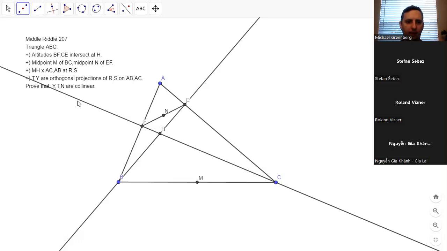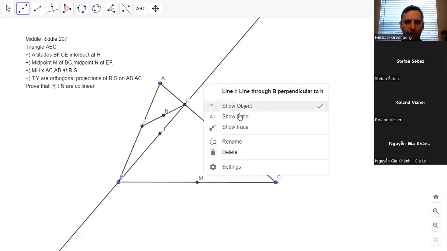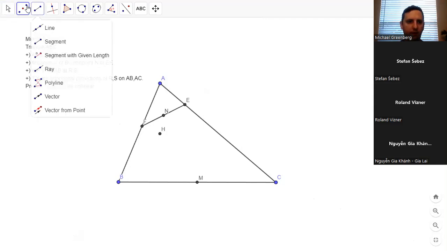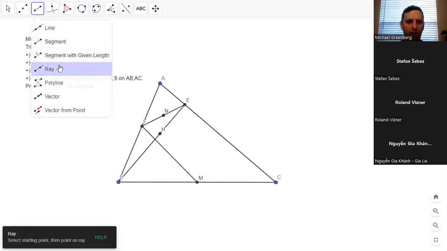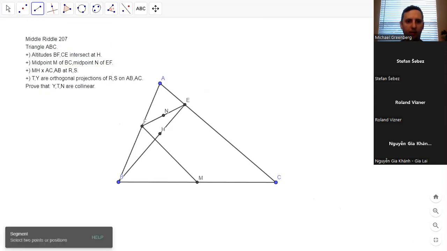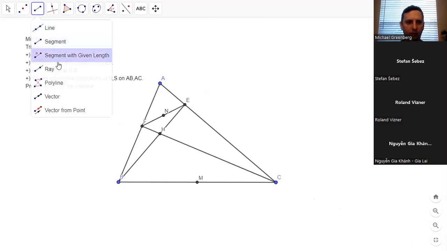And then MH, so let me hide this. MH intersects AC and AB at R and S. So I might have to extend a couple sides. Oh, whoops, didn't mean to draw that. So here's MH.